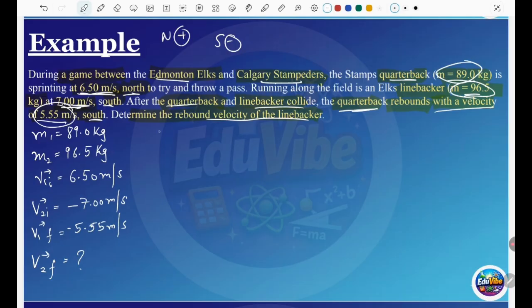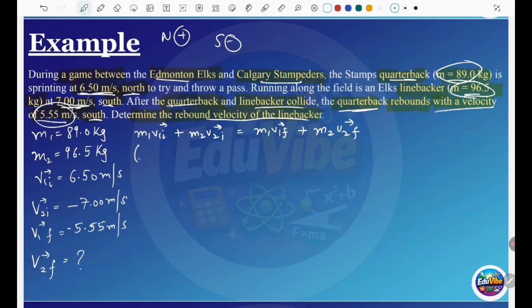To find this, we have the formula. Let's write it: M1 V1I plus M2 V2I is equal to M1 V1F plus M2 V2F.